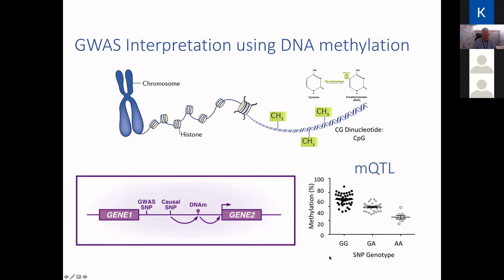So if you take your polymorphism of interest and you measure DNA methylation in the vicinity of your causal SNP, you can generate what's known as a methylation quantitative trait locus, or an mQTL, in which the polymorphic alleles correlate with the levels of DNA methylation. And the assumption, therefore, is that the causal SNP alters local DNA methylation, and that this itself leads to alteration in expression of genes.